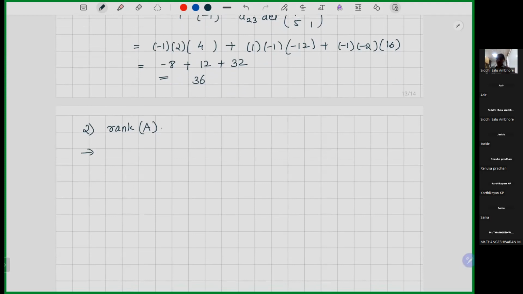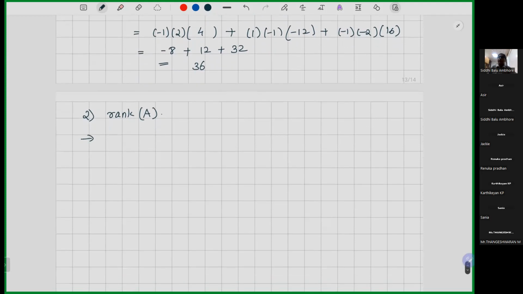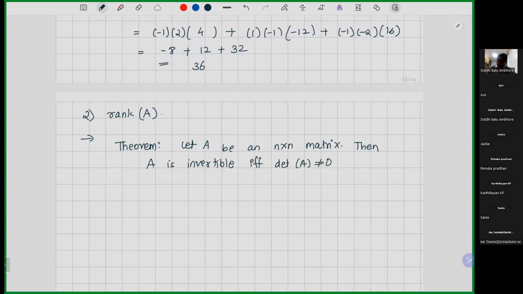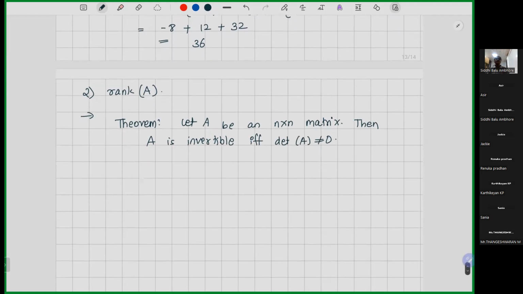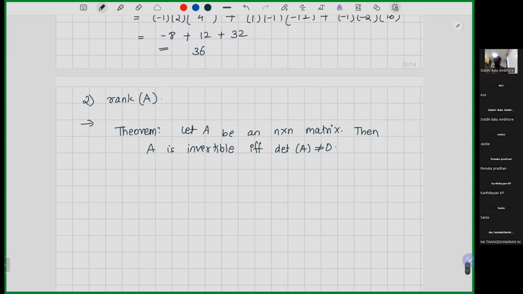But apart from that, we have one more theorem, already proved in our lectures: let A be an n cross n matrix, then A is invertible if and only if the determinant of A is non-zero. This information is already given to us.